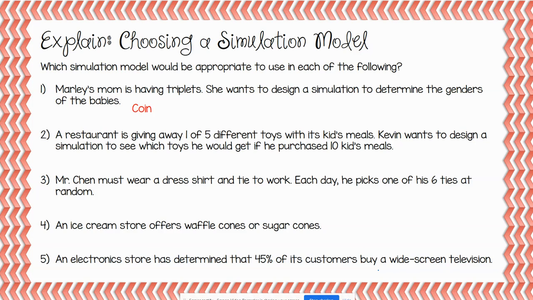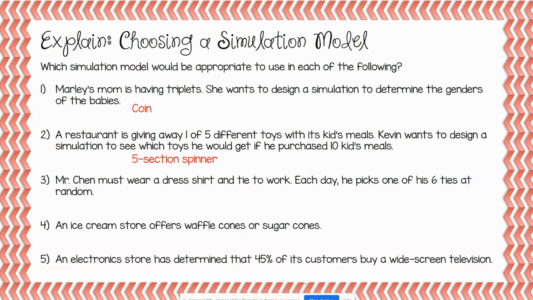Well, dice have 6 outcomes, which is not 5. Coins have 2, cards have 52. So my options here are either using a spinner and splitting it up into 5 sections, or giving number assignments, and 1 through 5 can be a different toy. Either of those would work for this one. It would probably be easy to do a 5 section spinner, but you also could say number assignments for this one.